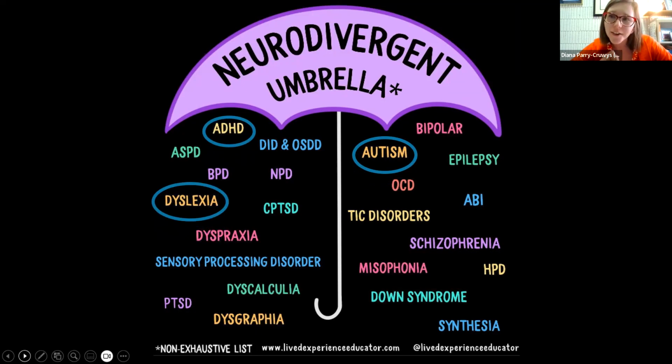But these three are the ones that, when we think about neurodivergence, usually come up as being the largest percentages of the population that identifies as neurodivergent. And I circled dyslexia, but it's several of these learning difficulties. Dyslexia is difficulty reading, dyspraxia is difficulty speaking, dysgraphia is difficulty writing, and dyscalculia is difficulty with numbers in place of letters.